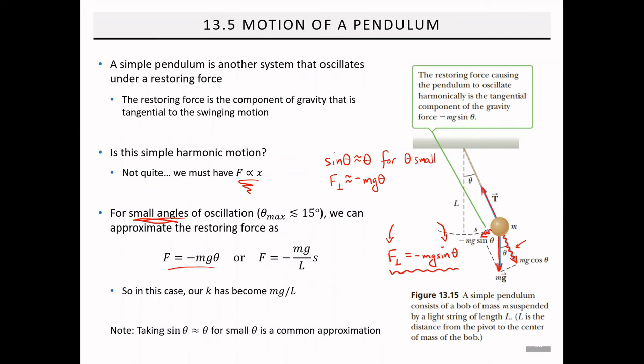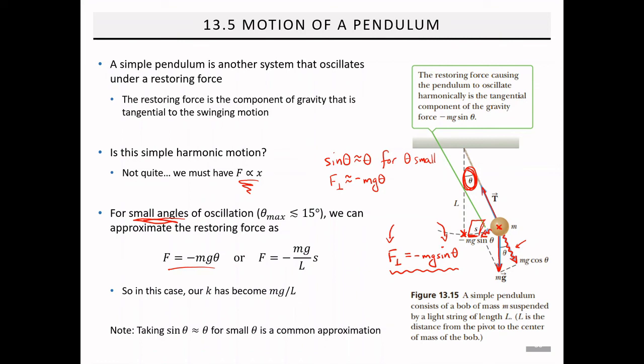And then the final thing we want to do on this slide actually involves a little geometry. Rather than using the angle theta in the picture on the right, I actually want to use S as our position variable. And S here is the arc length from the center to where the object is.